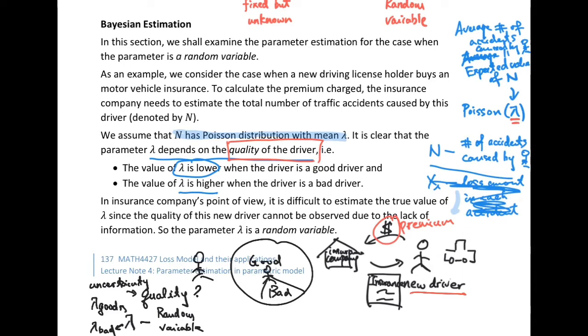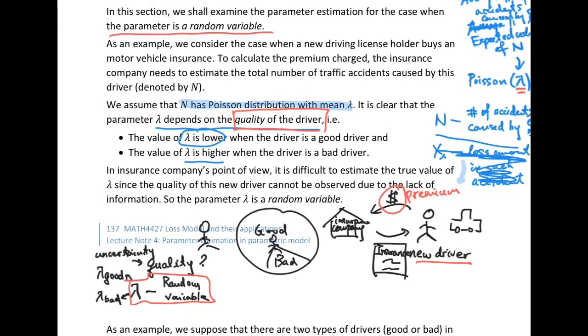So in that case, we encounter the situation where your parameter lambda is a random variable instead. So why do we assume the parameter is a random variable? This is the basic setup of Bayesian estimation, in which your parameter actually is a random variable.